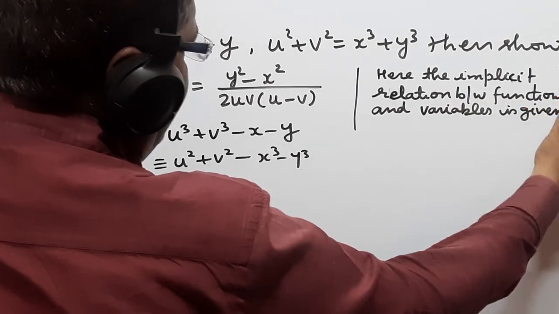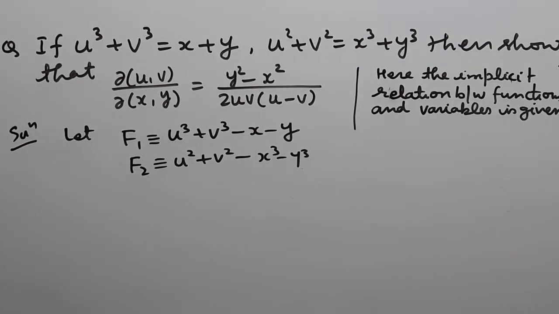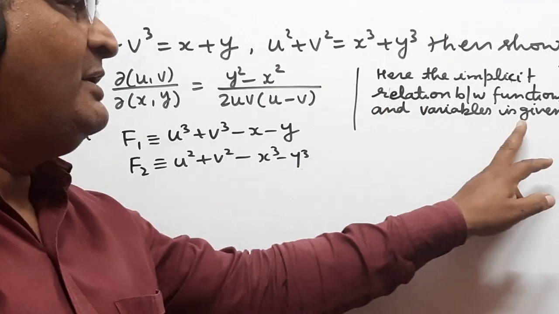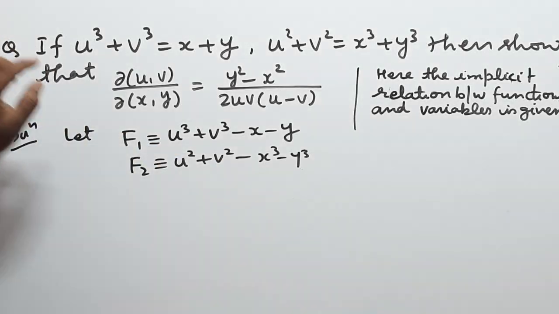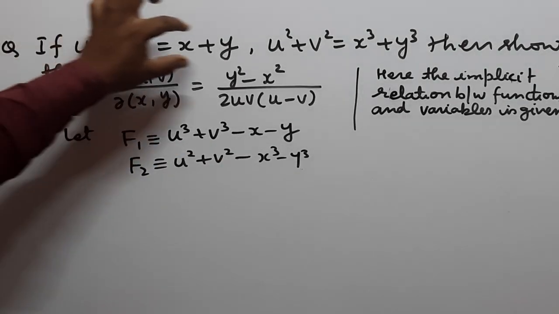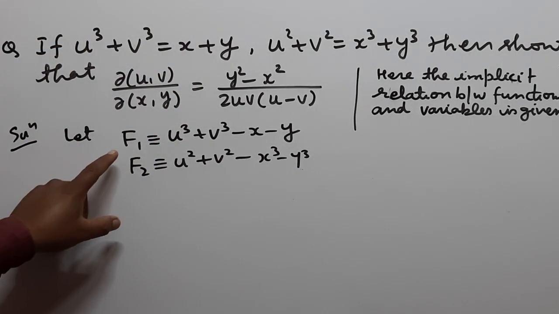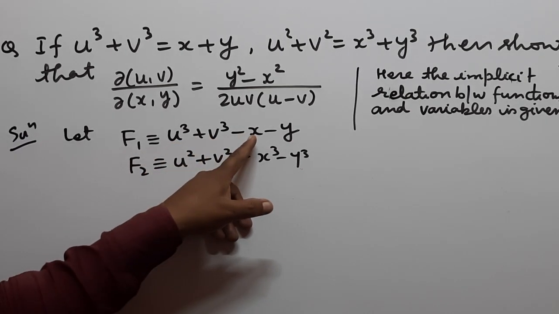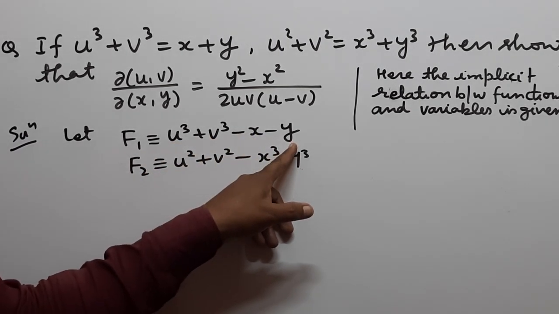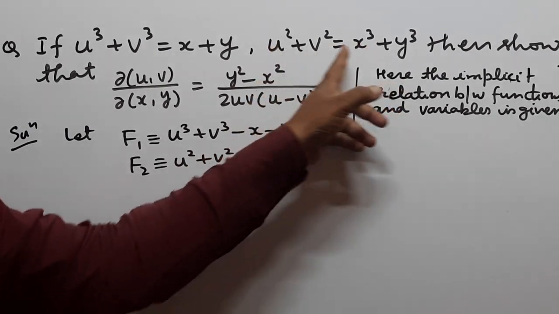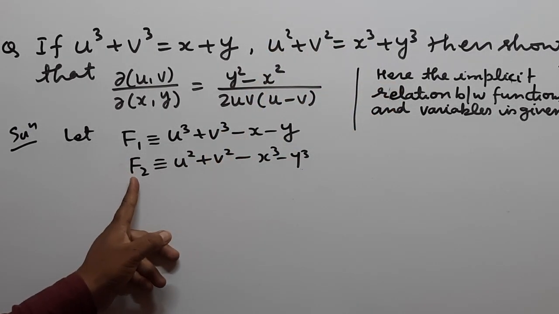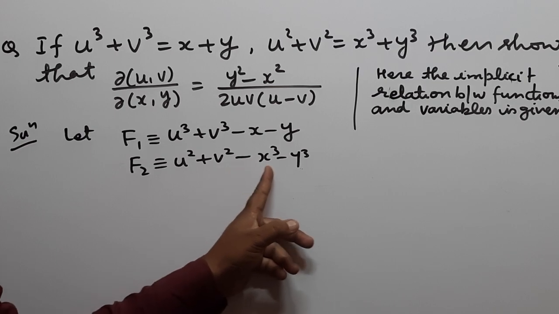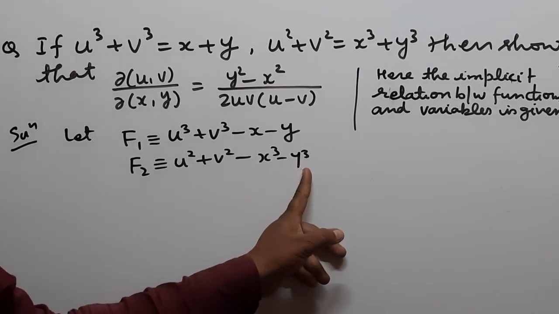So first we suppose that f1 is equal to u cube plus v cube minus x minus y, and the second implicit relation can be written as f2 equal to u square plus v square minus x cube minus y cube.